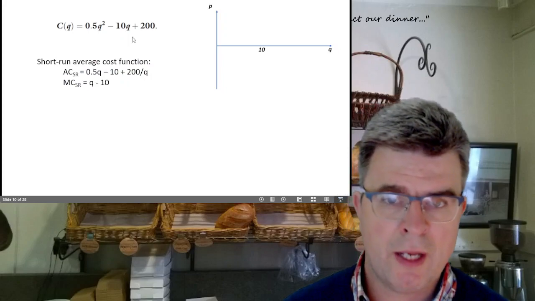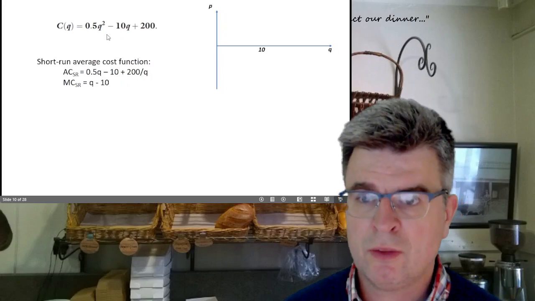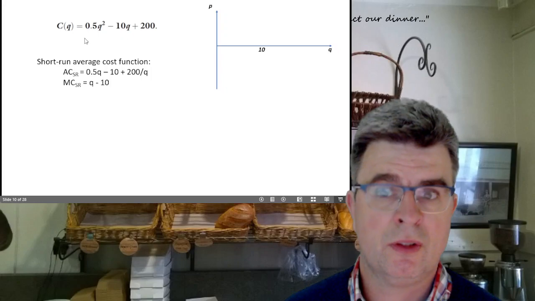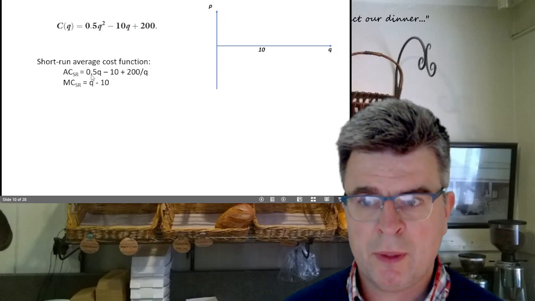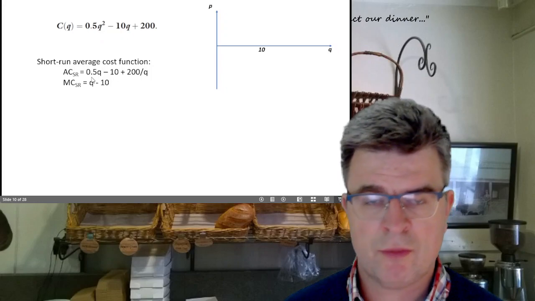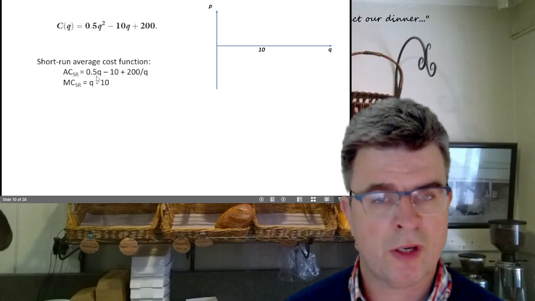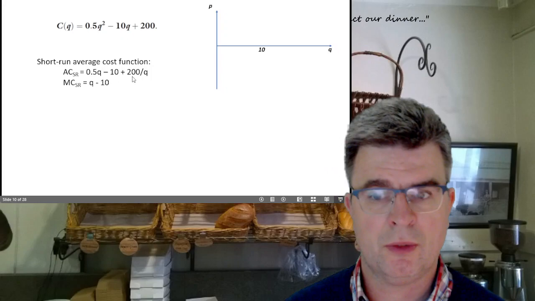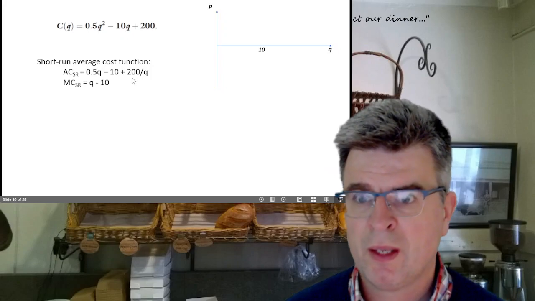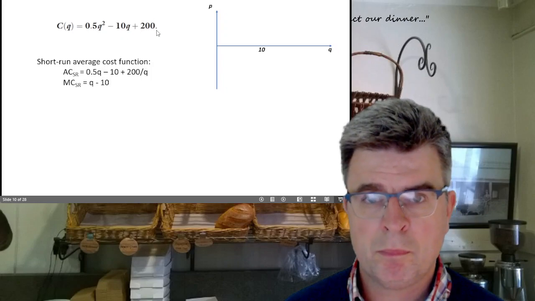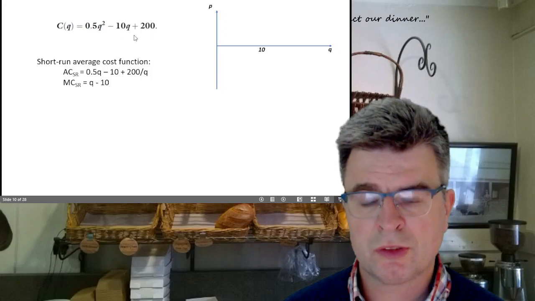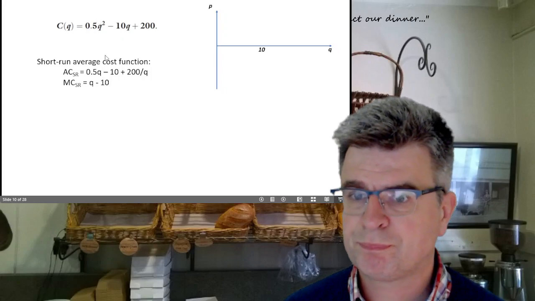The short run average cost function is identical to the total cost in the short run divided by Q. So we divide each element by Q, and we get this average cost function, 0.5Q minus 10 plus 200 divided by Q. This is the fixed cost, and this is the variable cost, so this doesn't depend on Q, this does depend on Q.